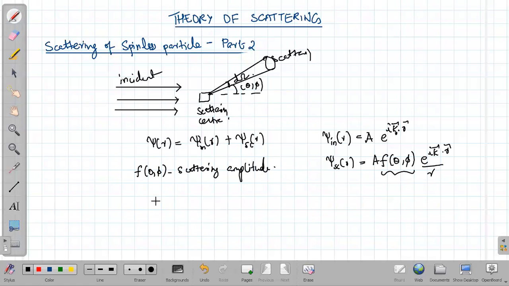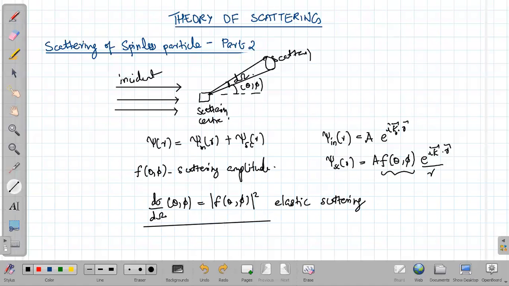And we have found that in case of the spinless particle, the scattering cross section d sigma by d omega, which is a function of theta phi, would simply become mod square of f of theta phi. Okay, it's for elastic scattering. So we are not considering the internal structure of the scattering center for elastic scattering. Okay, so far we have discussed till here.